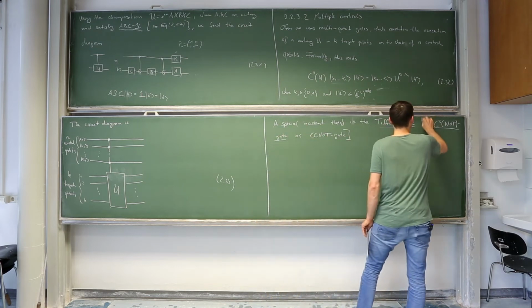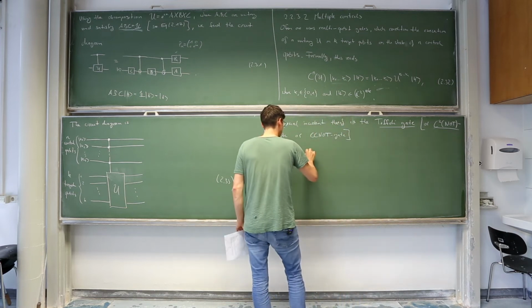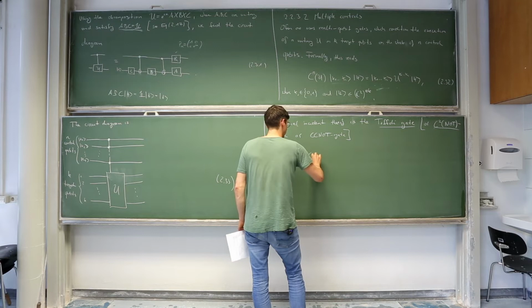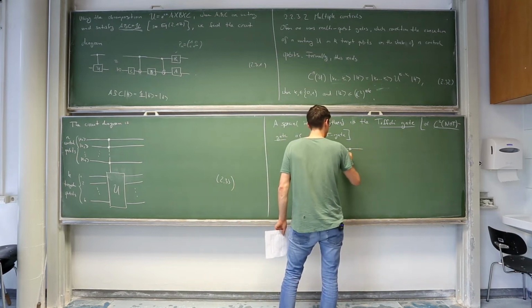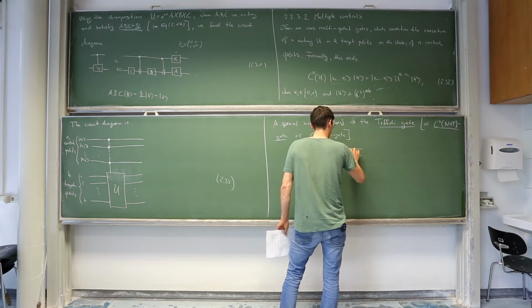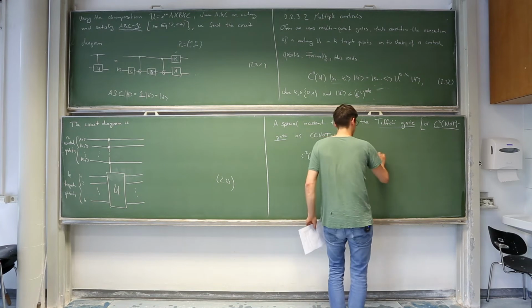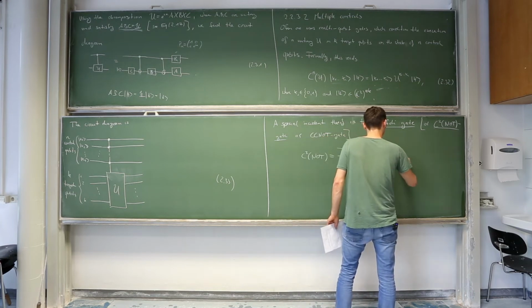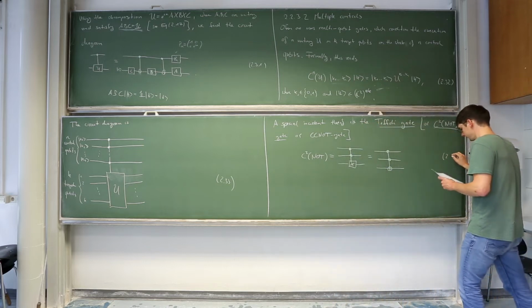So I put this in brackets. I usually write C2NOT. And as the name says, it's a NOT gate controlled by two control qubits. And this is the circuit diagram.